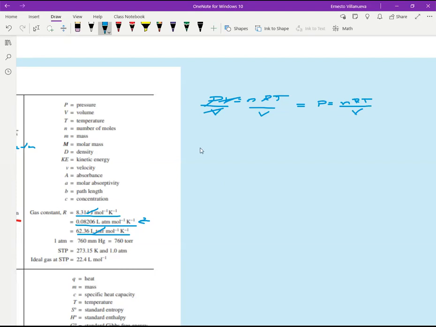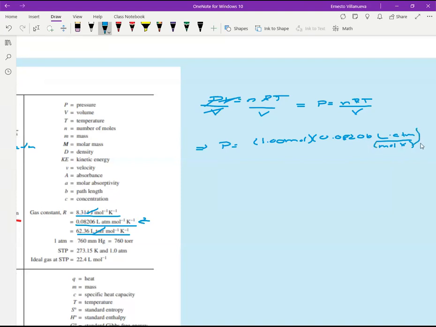So now all I have to do is plug everything in. Pressure then is equal to the number of moles, 1.00 moles, times my gas constant, which in this case is 0.08206 liters atmospheres per moles Kelvin.